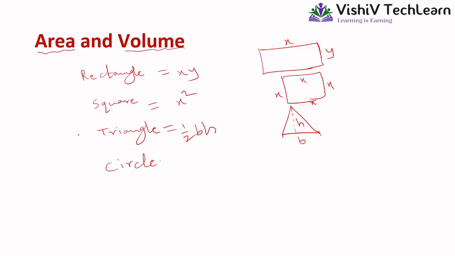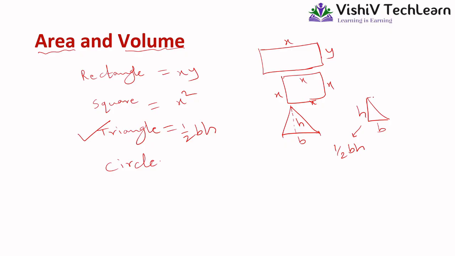Now how this formula we can derive or how we can understand it, that we already have discussed. For example, if it is a right angle triangle, then it has height h and base b, then area of this triangle is half bh. But why half?